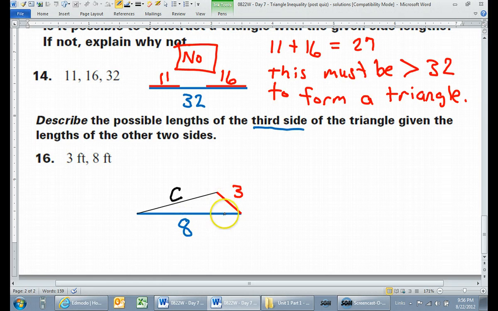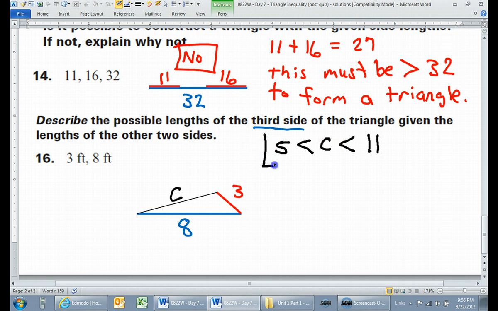If we subtract these, we get the lower limit. So 8 minus 3 is 5. So 5 is going to be my lower limit. So 5 is less than C, which is less than, if I add these, 8 plus 3, 11.